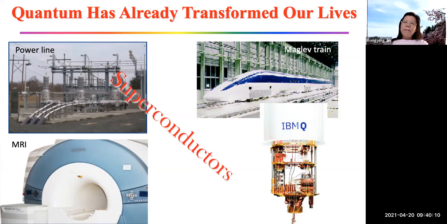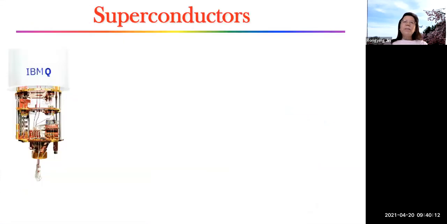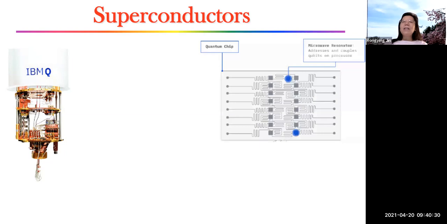From this point of view, let's boil down a little to something you are probably closer to in what you are doing, IBM-Q. When you boil it down, it looks like a big chunk, but most of it is just for cooling down. The heart of this machine is the quantum chip, right?